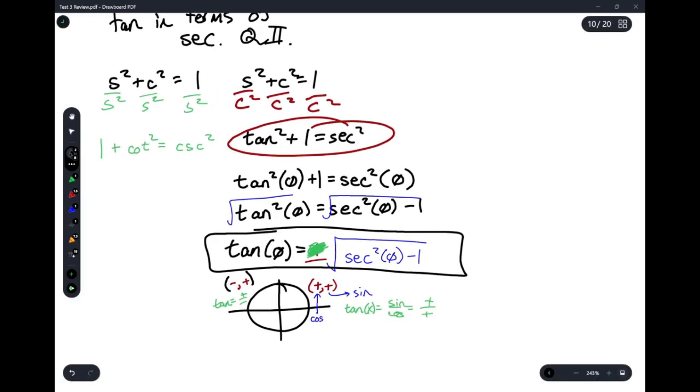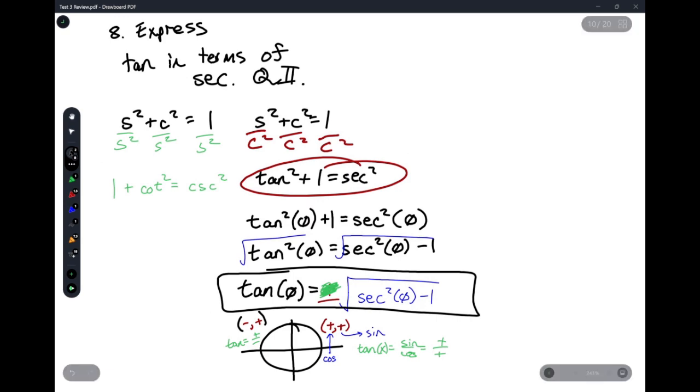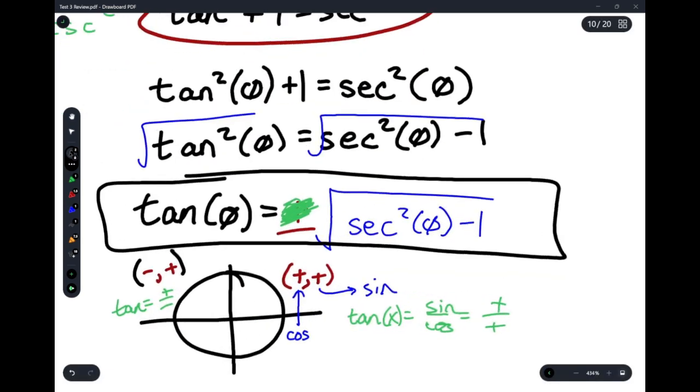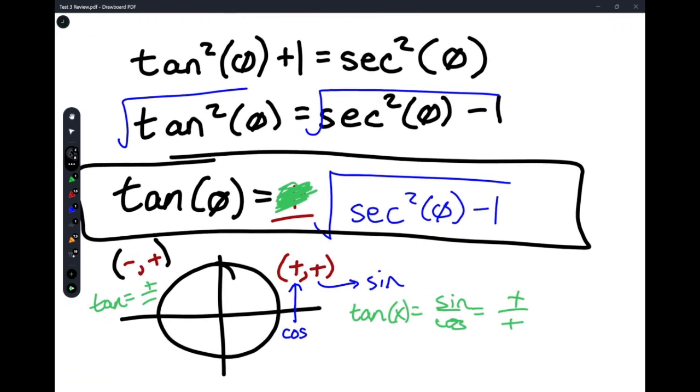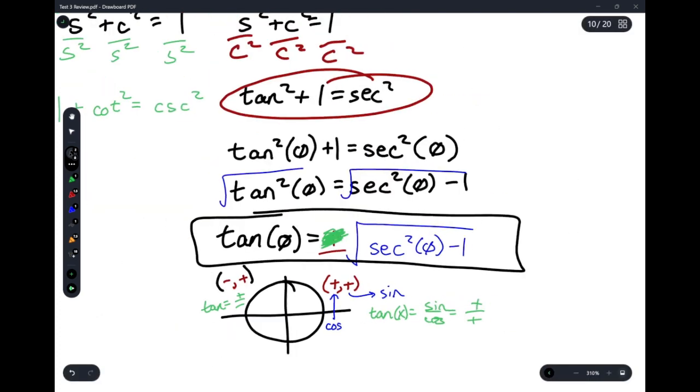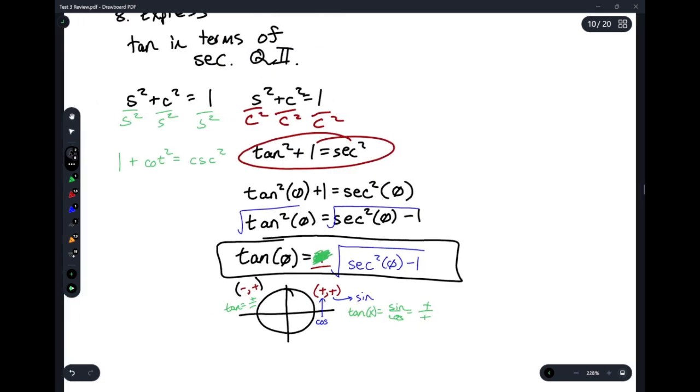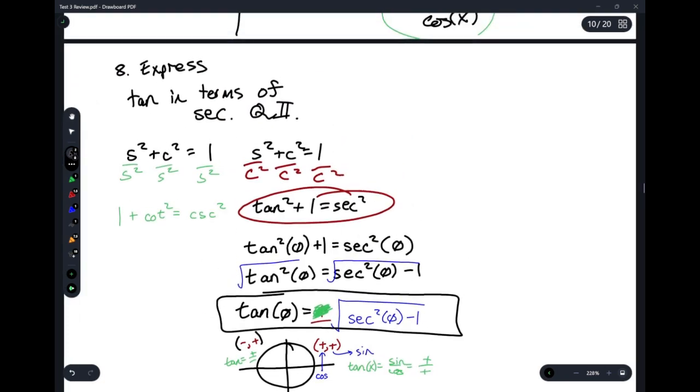It would have been really, really weird if they didn't give us the quadrant and we got two answers, right? Because math would have said the plus or the minus. Math says you write that square root, you put a plus or minus. So it's really nice that it worked out so that we had some sort of means to use that plus or minus.